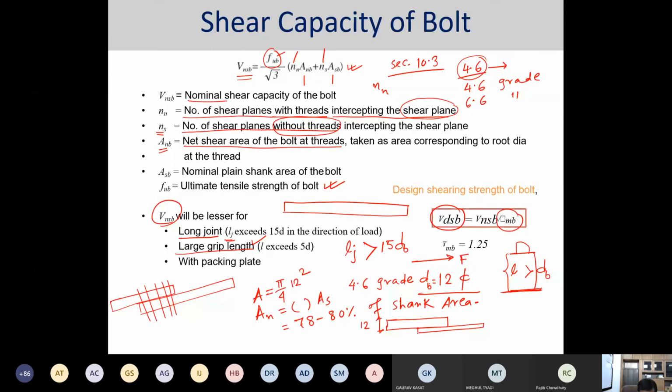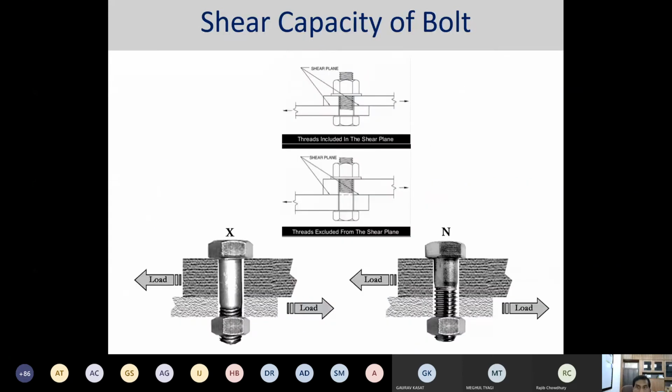This is a packing plate, and another one is 10 mm. Due to this packing, you will again have to reduce the design shear capacity. So how much to be reduced? All these things would be considered sequentially.